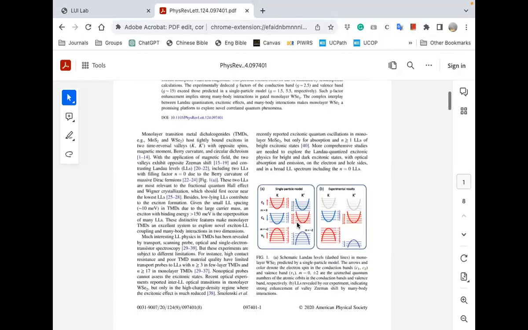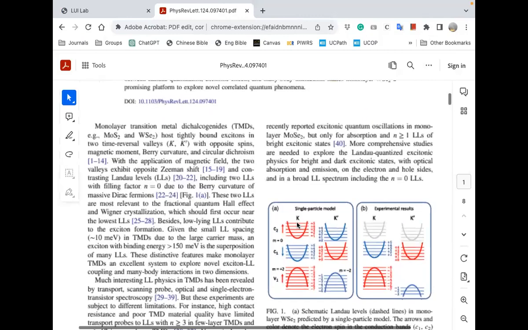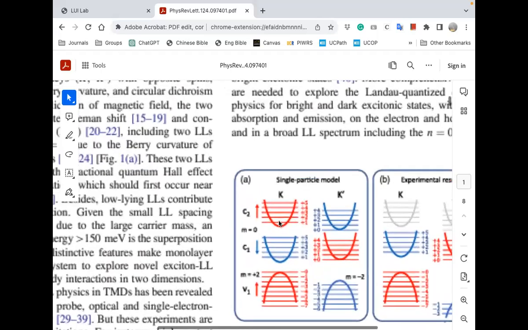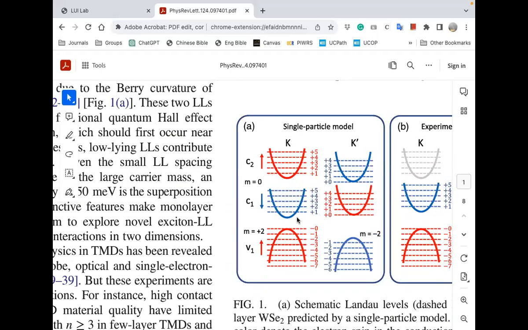Okay, so here we plot the Landau levels of MoS2. There are two valleys, K and K prime. In one of the valleys, you have a Landau level at zero. That is due to that canceling term.